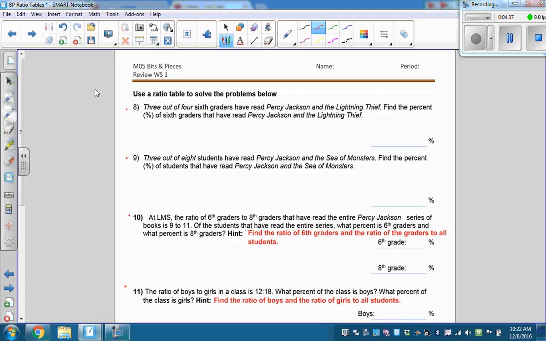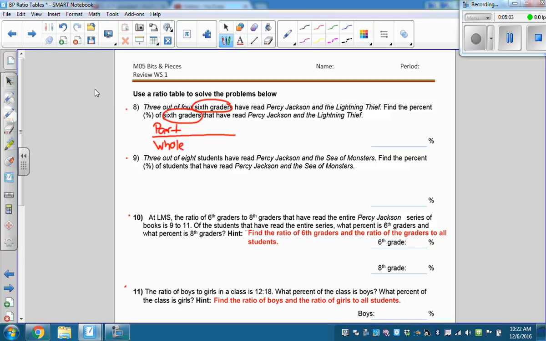So 3 out of 4 6th graders, that's my first population, have read Percy Jackson and the Lightning Thief. Find the percent of 6th graders, it's still the same population, that have read Percy Jackson. So there's only one part here in this part-to-whole comparison.